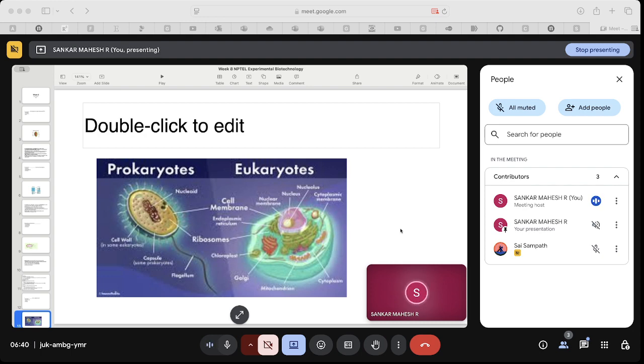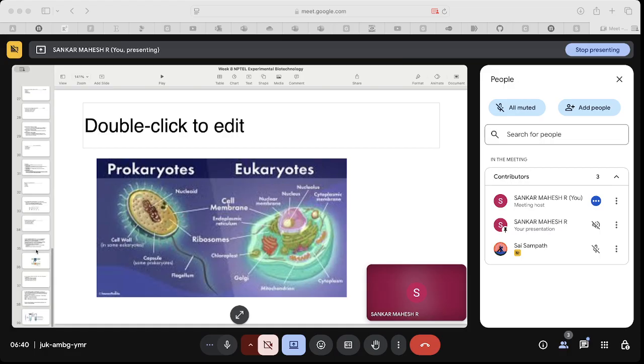Although, as you mentioned, it doesn't have a membrane, which is true, it is considered a sort of organelle because it does the job of protein synthesis and it is intact. Does that answer? Yes, sir.